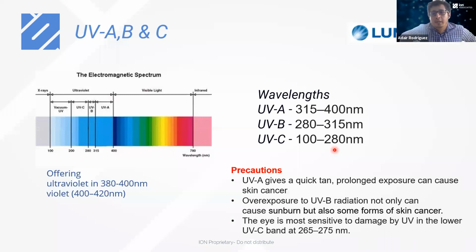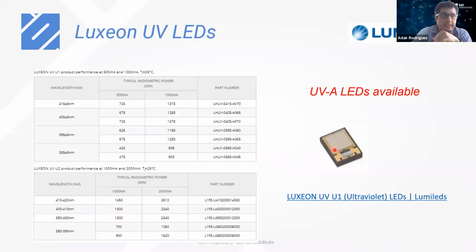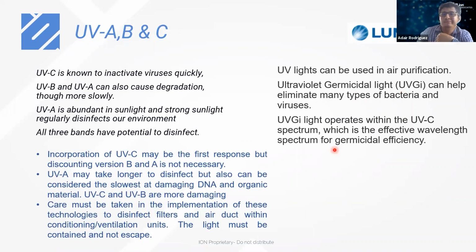So we can help you identify some products that can help you implement this kind of technology into your designs. So this is what we were talking about, not only UVC, but also UVB or UVA. The LEDs can be used for the air cleaning process.